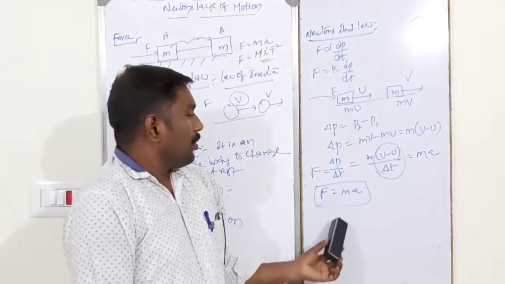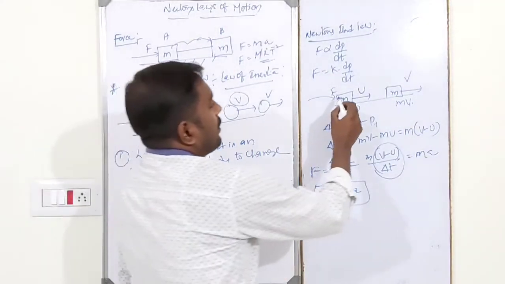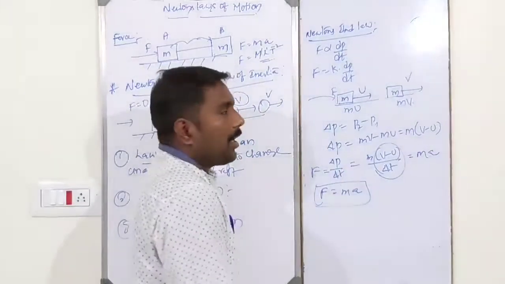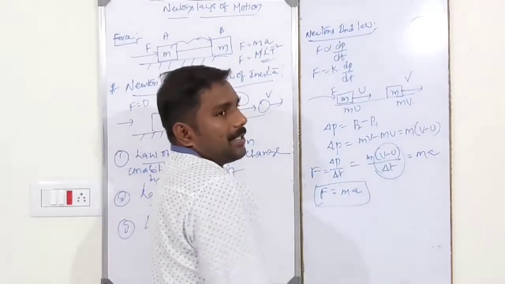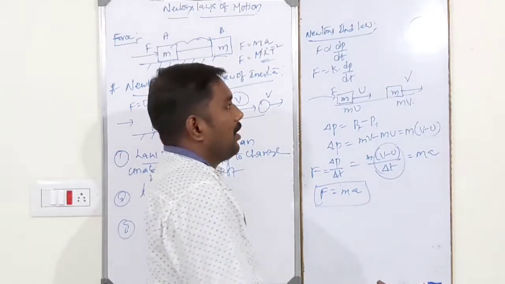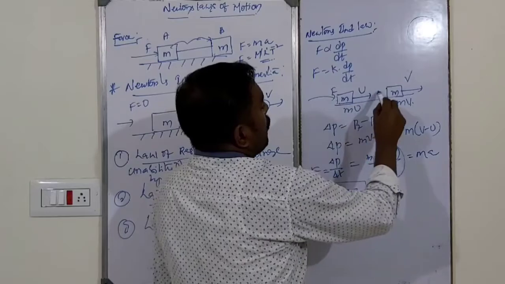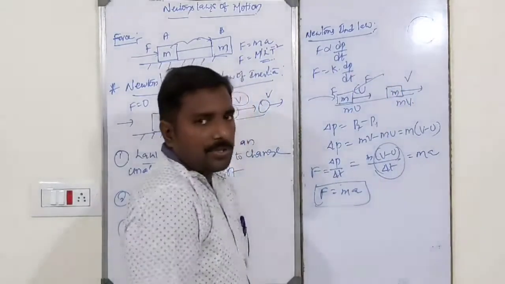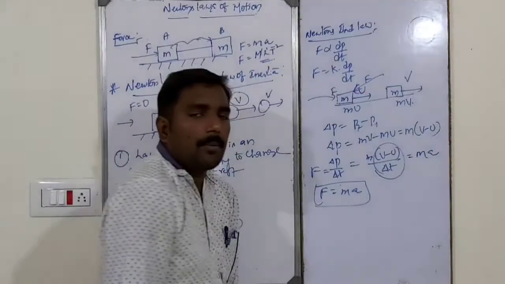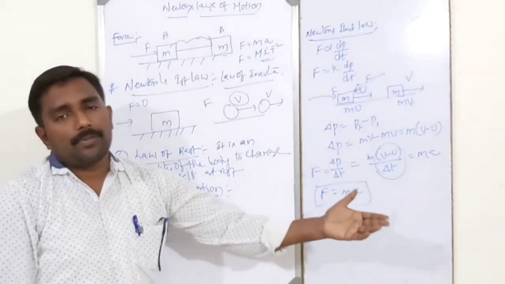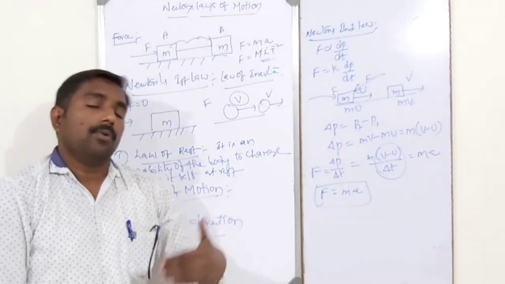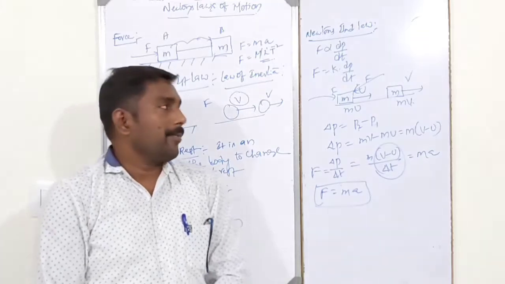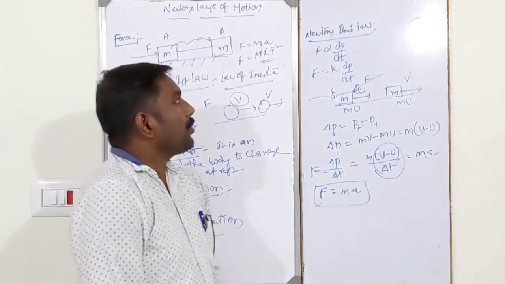So the body is moving like this; whenever some force is applied along the direction of velocity of the body, the velocity increases, and the body will have acceleration. Moreover, suppose the body is moving in this way and the applied force is in the opposite direction, then the body will have deceleration. Final velocity will decrease, and finally the body comes to rest. Okay, this is Newton's second law.